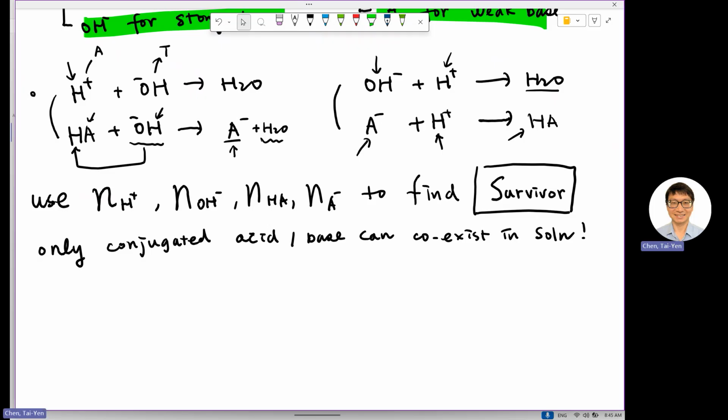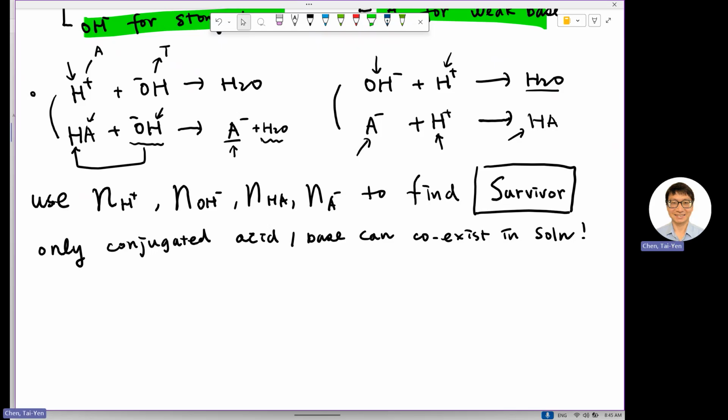For example, if today I titrate my strong acid H plus with my strong base OH minus, and let's say I have 1 H plus and 3 OH minus, they are going to kill each other, right?